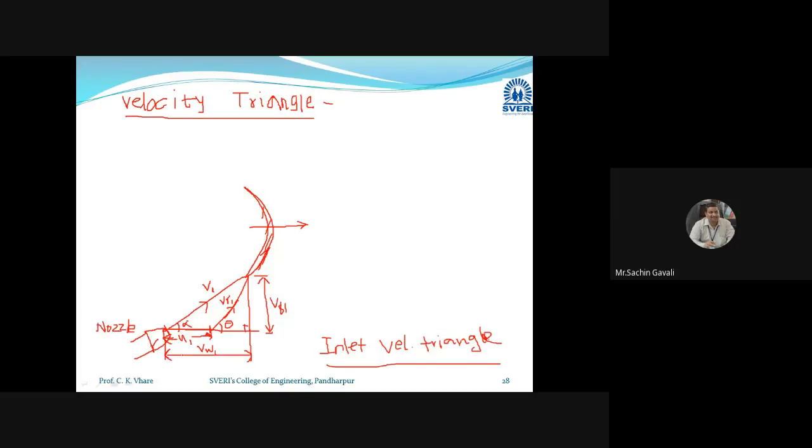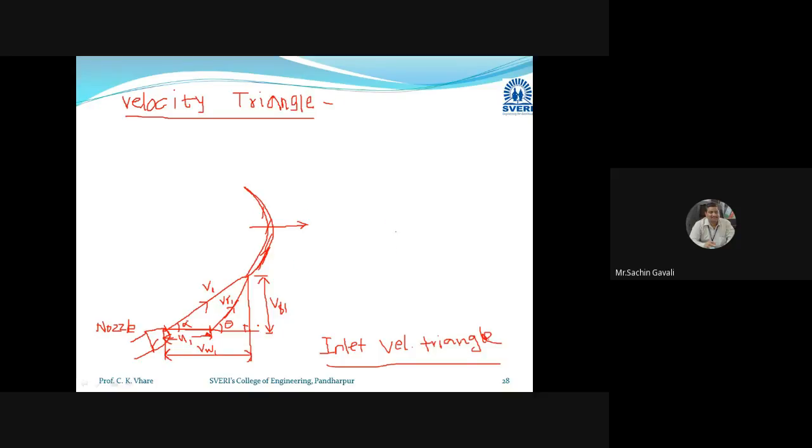One is VW1, called the whirl component. This component is responsible for the whirling action of the blade.